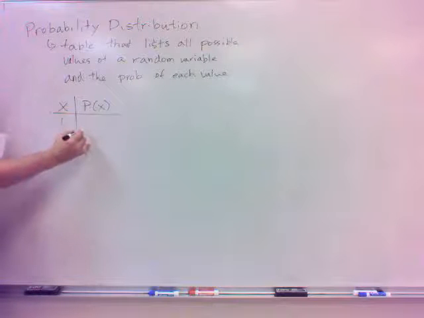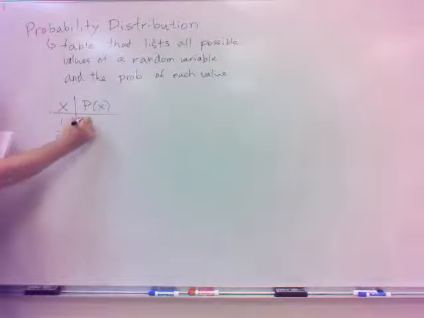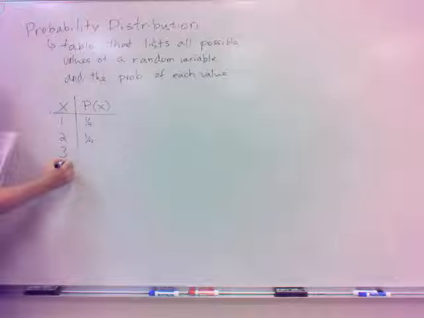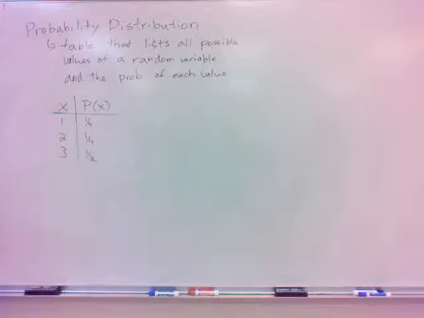But alongside with that, you're going to put the probabilities of each. And the probability of 1 is 1/4, probability of 2 is 1/4, and the probability of 3 is 1/2. So this is what one's going to look like. And like I said, I just made that one up. It's not tied to anything at all, but just so you'll know what one looks like.